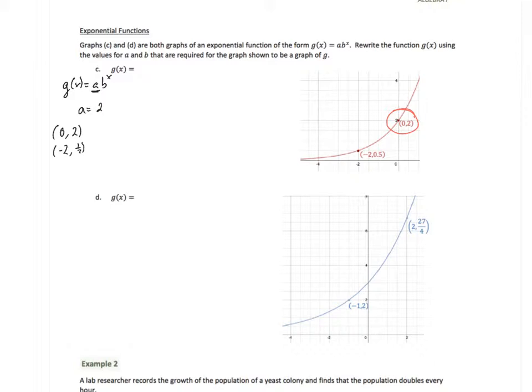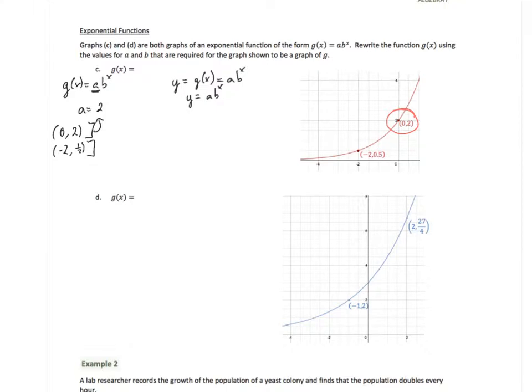Well, g of x equals ab to the x. That's my dependent variable, my y, the function dependent on x. I used the first coordinate to figure out that 2, and I can use the second coordinate to figure out b.